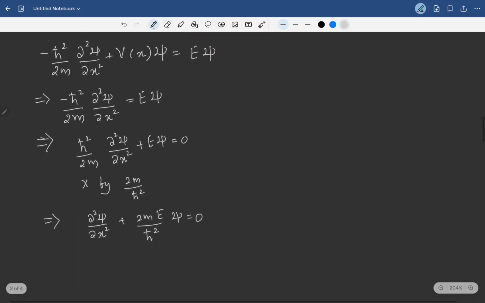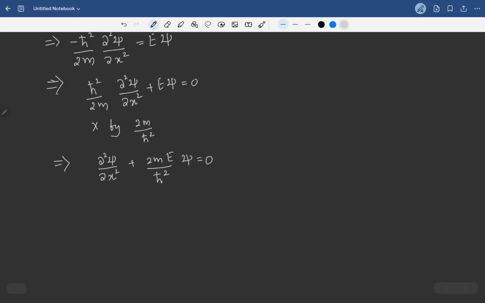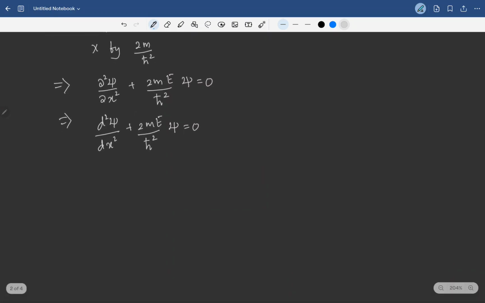Since it is a one-dimensional world, there is no point in writing partial derivatives, so let's make this a proper derivative. d square psi by dx square plus 2mE by h cut square psi is equal to 0. This is an ordinary differential equation.